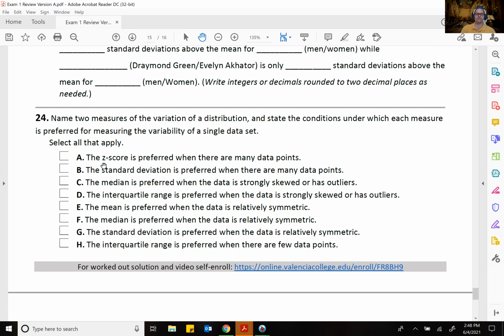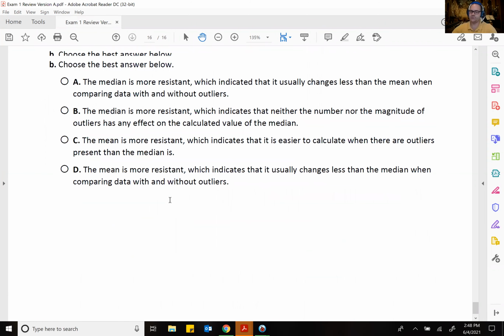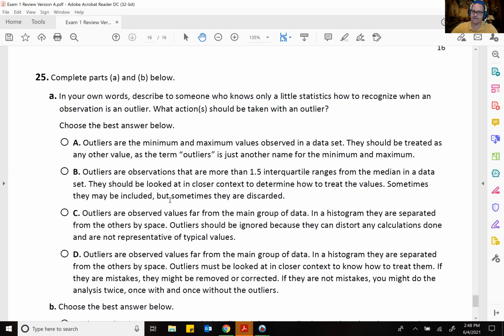So we want D and we want G. Here it is, the last one, 25. We made it.